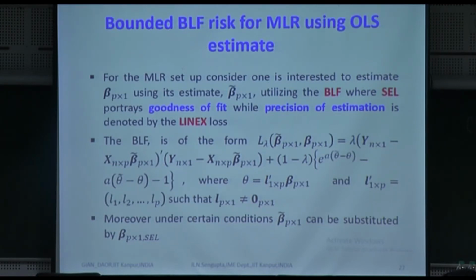So in the second case it would be the same model, but now I am replacing the beta hat with the Linex estimate. In the third instance, I swap these losses. That means the Linex goes to the left part and the squared error comes to the right part. Then for that one, I use again the squared error and again the Linex loss.